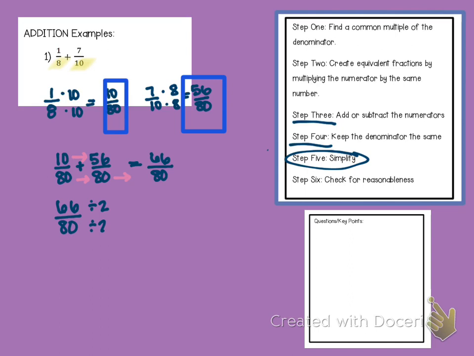And if we could think of a bigger number right off the bat, then we'll get to our end result faster. So 66 divided by 2 is 33. And 80 divided by 2 is 40. So we evaluate our answer and make sure that there's not a number that divides into 33 evenly that also divides into 40 evenly. And there isn't. So therefore, that's our final answer, and we box that.